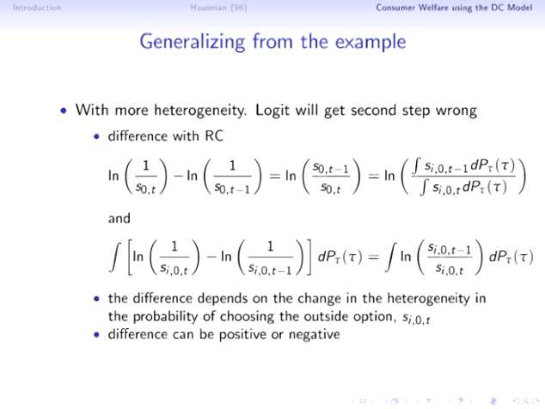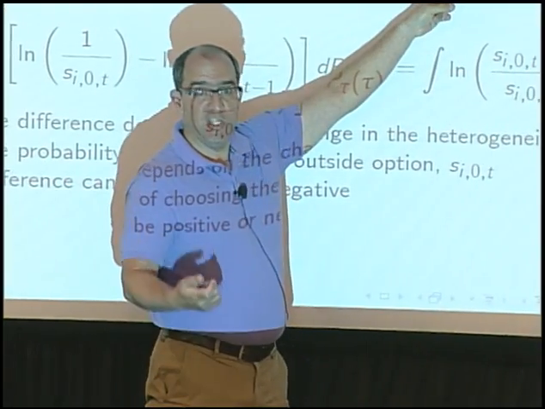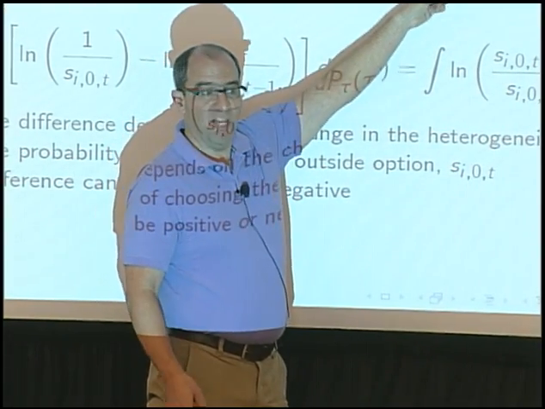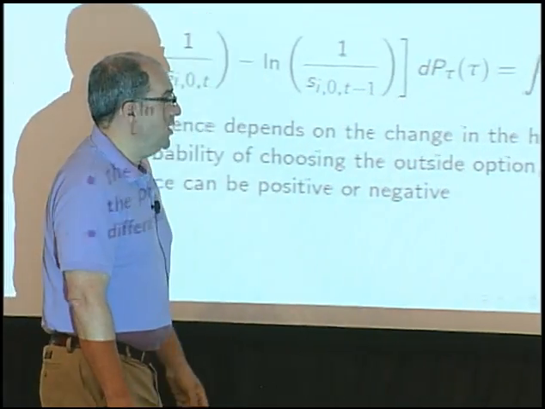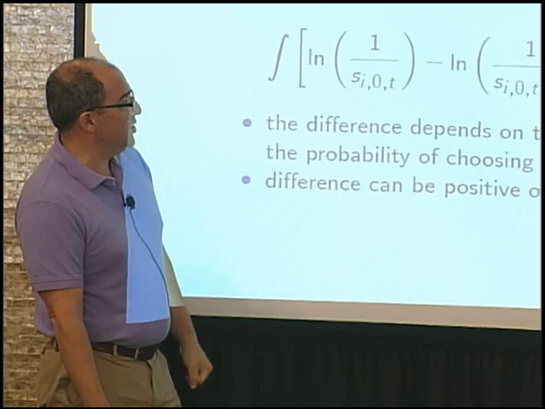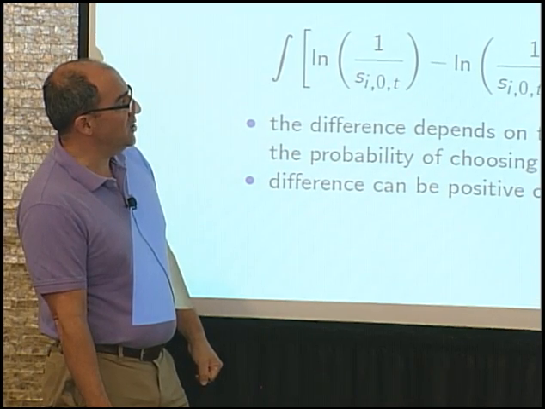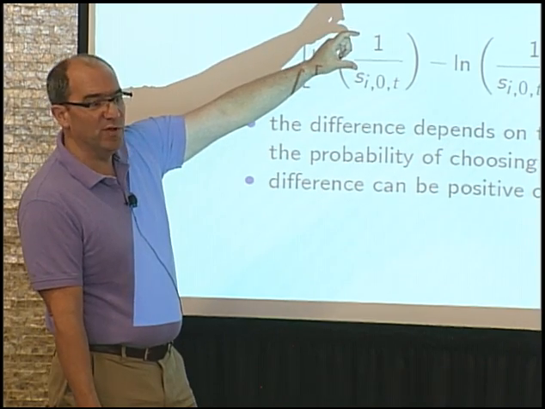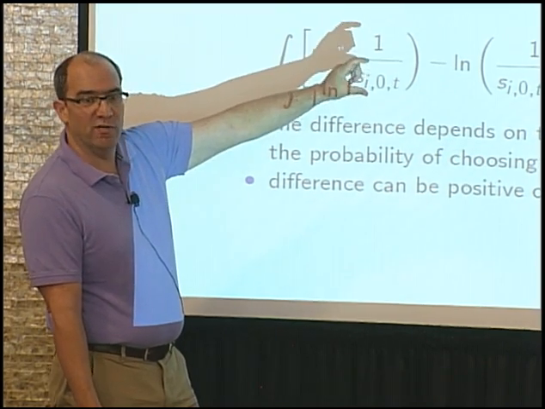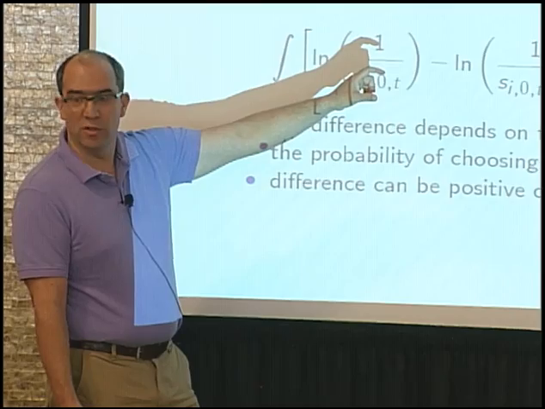In one case this is going to be the formula, which, writing out, you could say I'm integrating over the heterogeneity in the population, and that's what this logit formula is going to equal. And in the other case, it's this thing here. So it's basically a question of, do you want to take the log of the ratio of the averages, or the average of the log of the ratio?